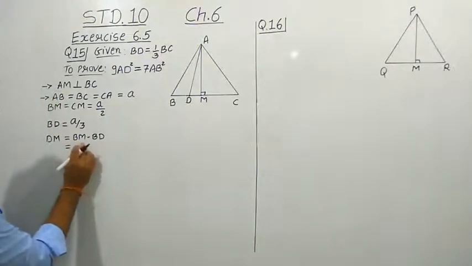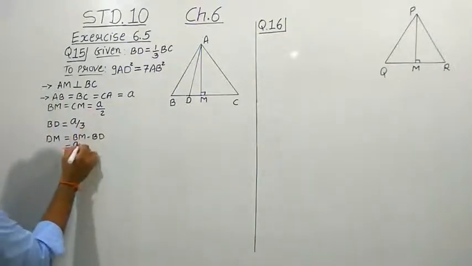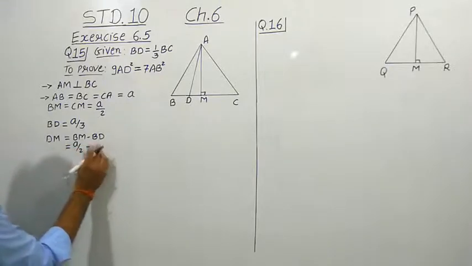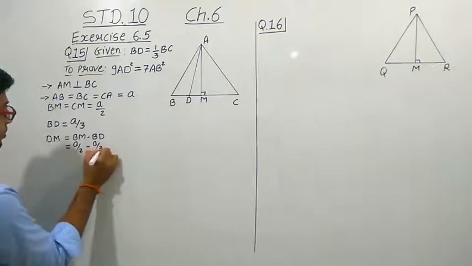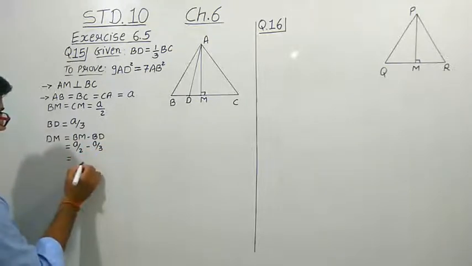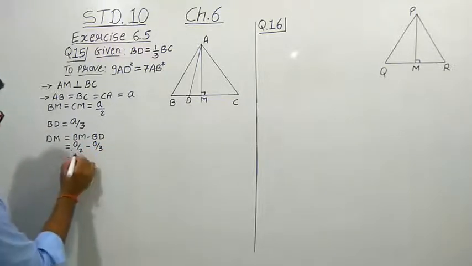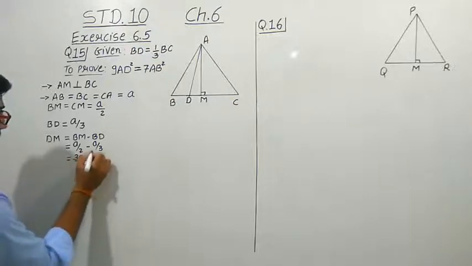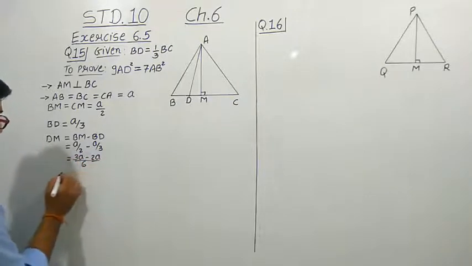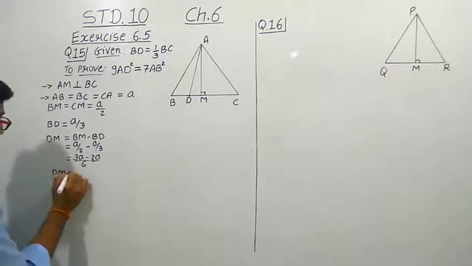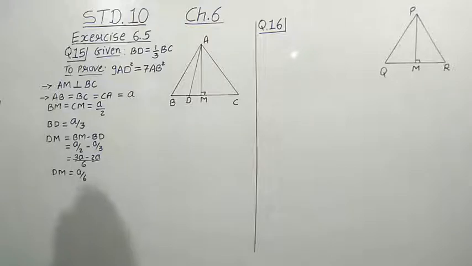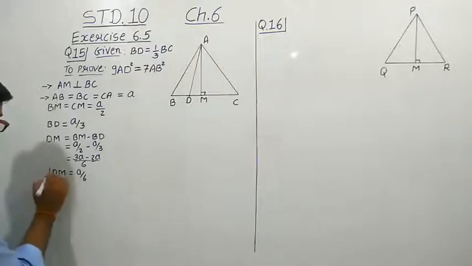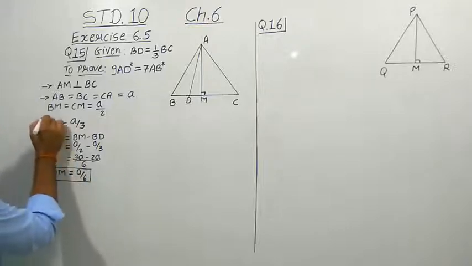Here we have BM equal to a upon 2 and BD equal to a upon 3. If we take the LCM, 6 will be the LCM. Here we have to multiply with 3a, here we multiply 2a. So the value of DM we are getting is a upon 6. So these are all important values for us. This is DM. This is BD.